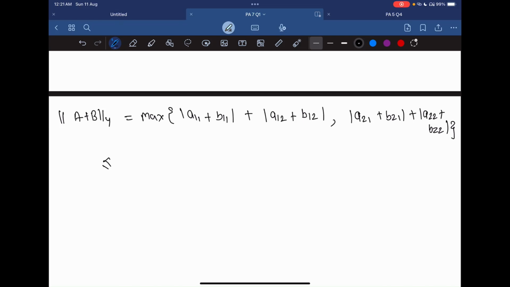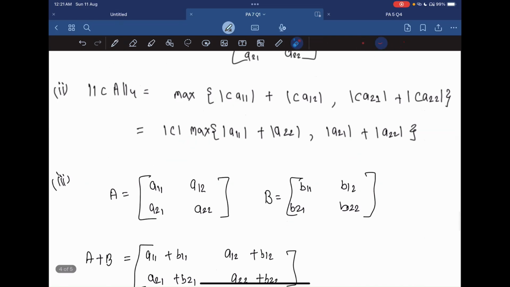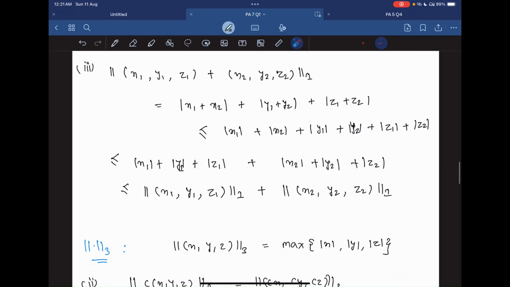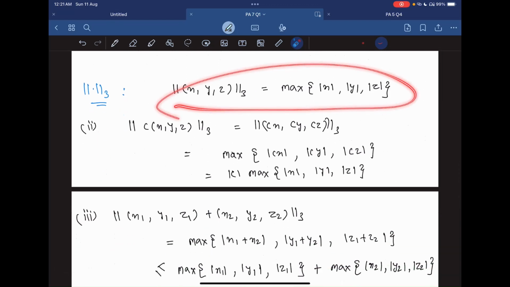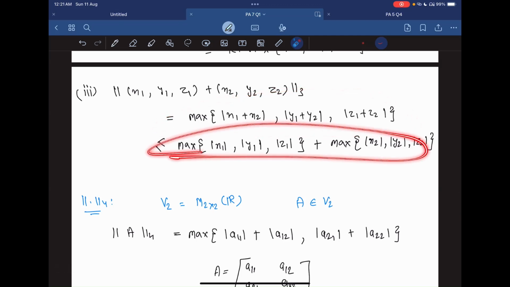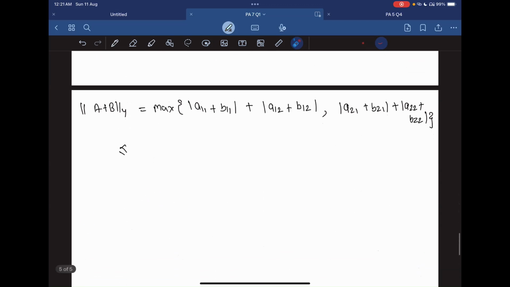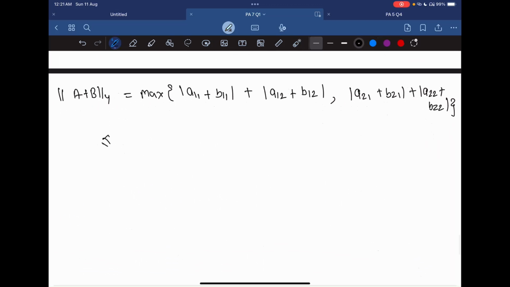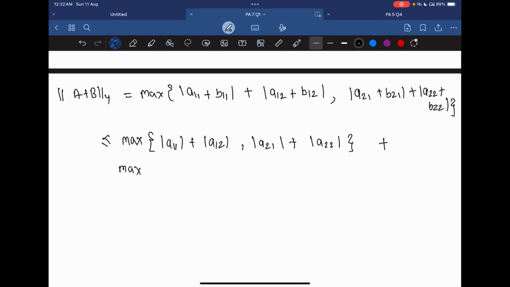Now we have already seen this while proving the earlier case, that the maximum of this would be less than or equal to the sum of the maximums of the individual ones. So again, going with that same logic, this would be less than or equal to the maximum of the first matrix's terms plus the maximum of the second matrix's terms.